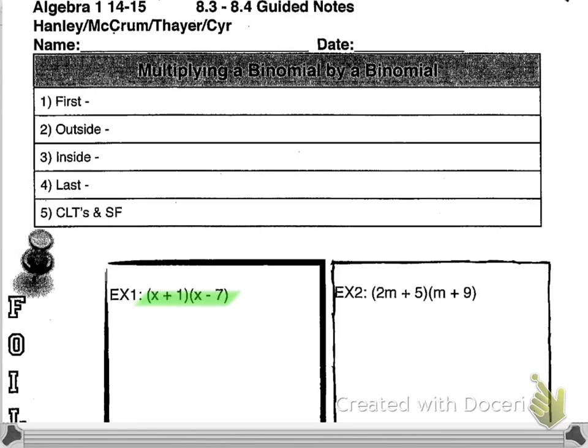Okay, so the first thing that we're going to do is multiply the first two terms in each set of parentheses. So we're going to take x times x, and that is your F in FOIL.